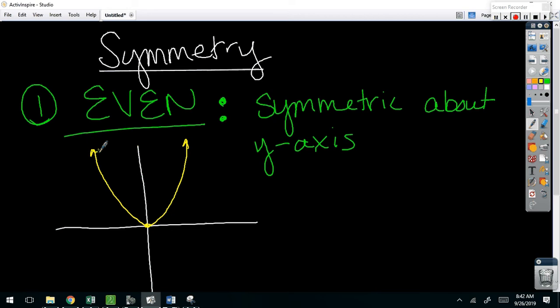It's the same on both sides. If it shifted some, it wouldn't be symmetric about the y-axis and it's no longer even. Does that make sense? Maybe? Yes? No? Okay.